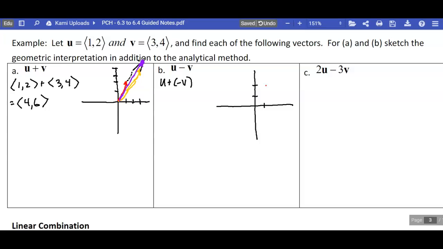So let's put that in red again. And the opposite of v is going to be negative 3, negative 4. So negative 3, negative 4. So that's going to be right about there.